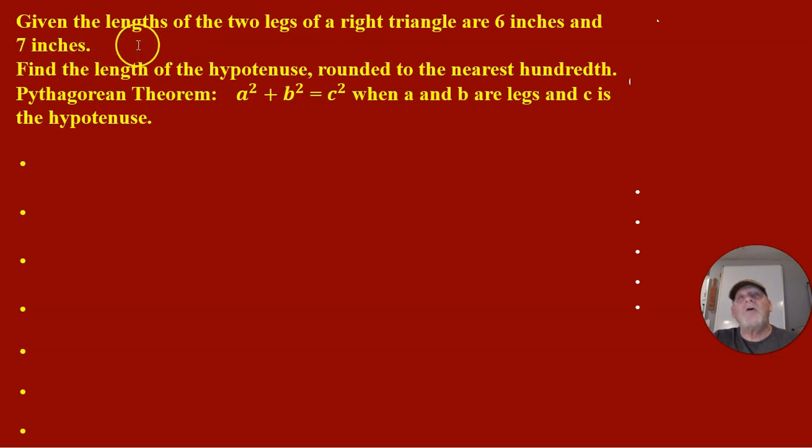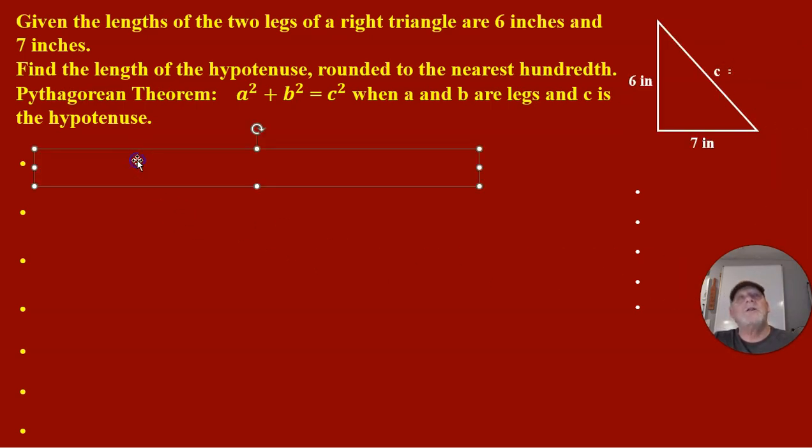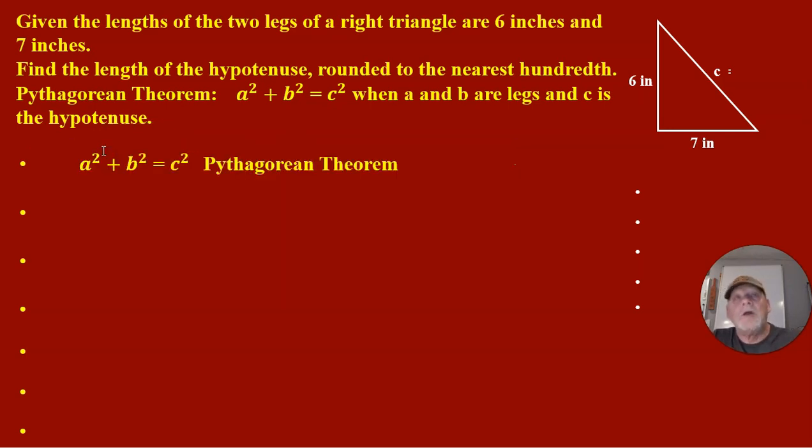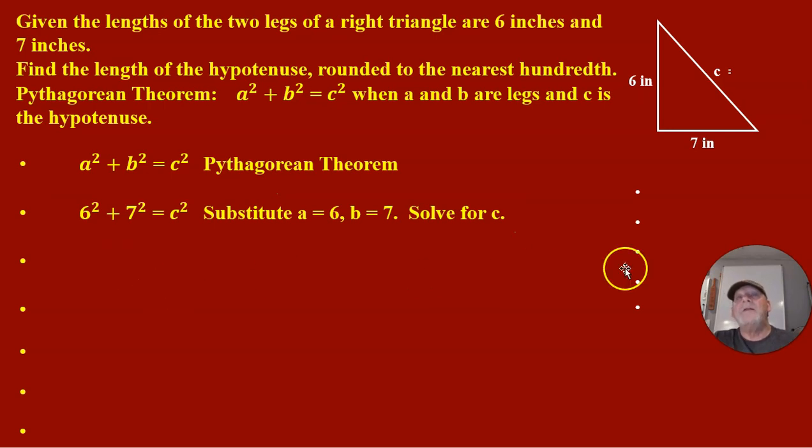So the lengths are 6 inches and 7 inches. If you want to draw a triangle, you can, and that's what it would look like. It's up to you. You don't have to. You can just use the equation and substitute it in for a squared plus b squared equals c squared. But you have to know that c is going to be the hypotenuse.